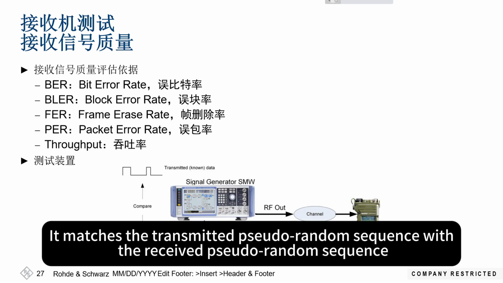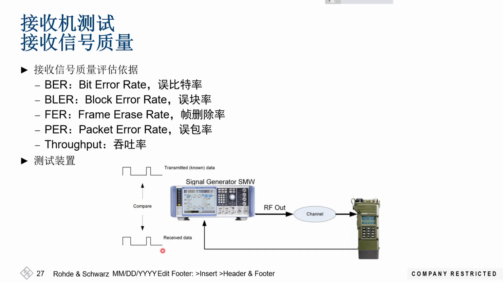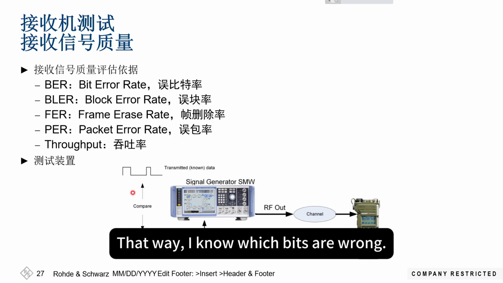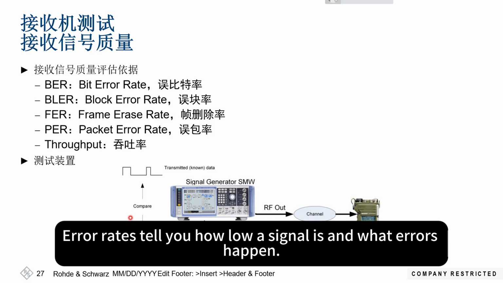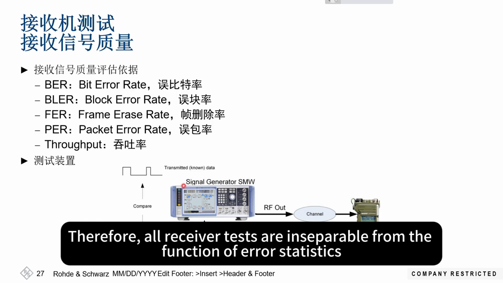It matches the transmitted pseudo-random sequence with the received pseudo-random sequence. That way, I know which bits are wrong. Error rates tell you how weak a signal is and what errors happen. Therefore, all receiver tests are inseparable from the function of error statistics.